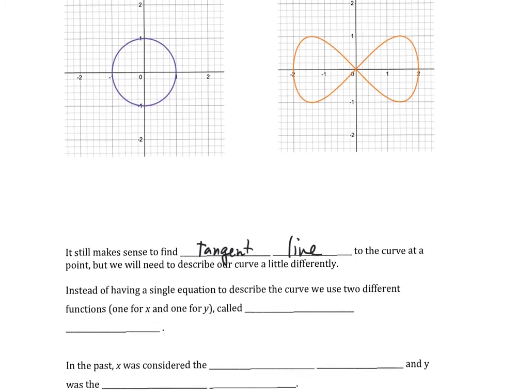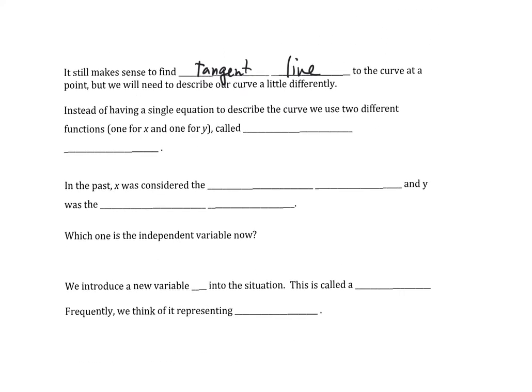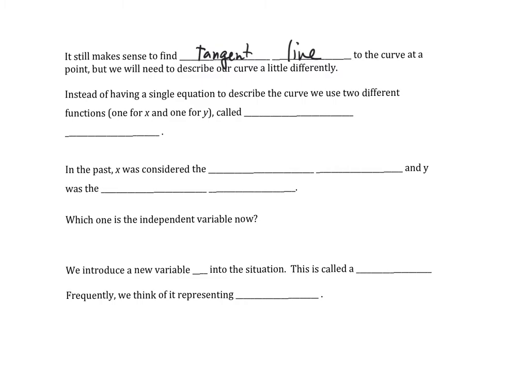So instead of having a single equation to describe the curve, we're actually going to have two different functions, one for x and one for y, that will describe this curve. And these two functions are called coordinate functions.